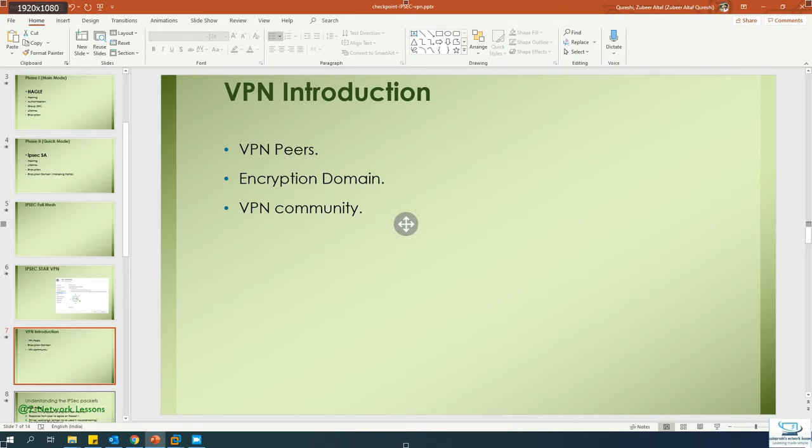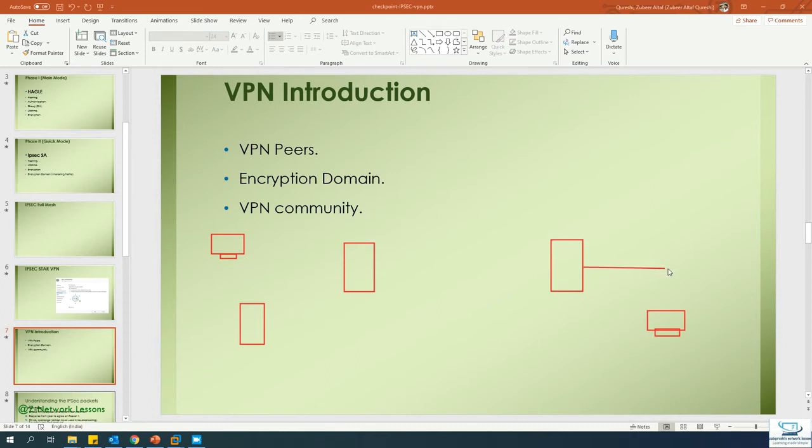So for example, let me just draw the topology that we will be having. This is our headquarters firewall, this is our manager, this is the smart console, and this is our branch firewall, and behind the branch firewall I have a PC like this. Let's connect them.